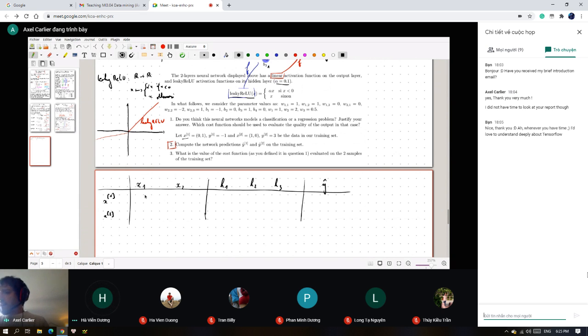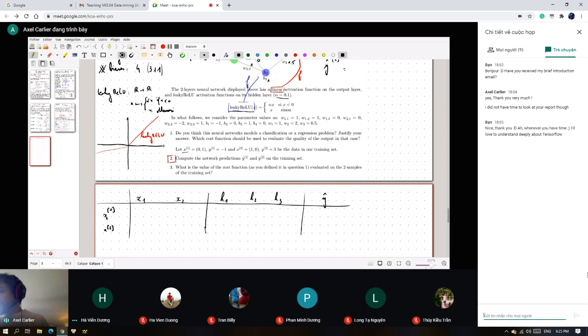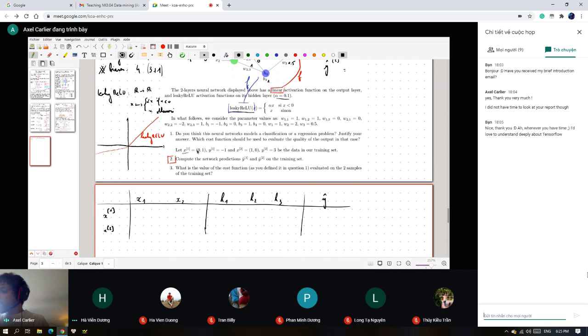So what are x1 and x2? When we look at x, the first data x1 is 0, 1, so it's like this.